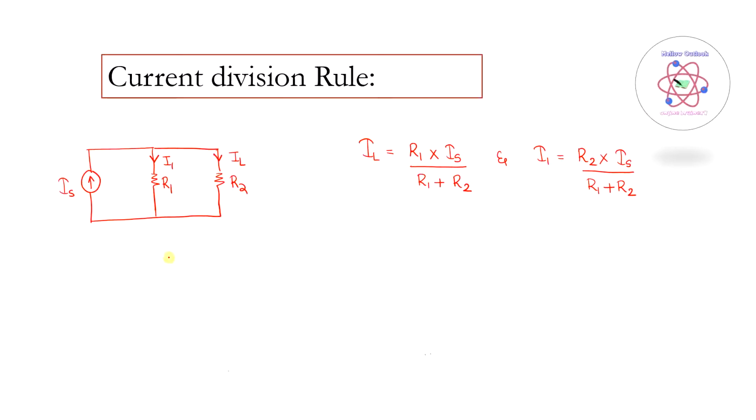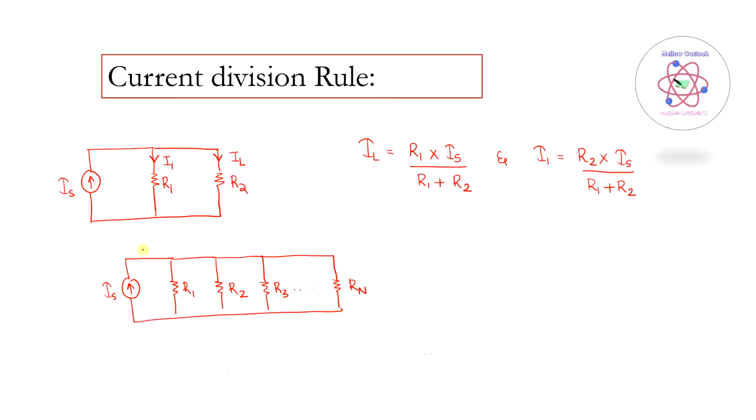Say I have a circuit wherein the source current is IS and I have multiple branches, say resistance R1, resistance R2, resistance R3, and so on up till resistance Rn. Then say I want to compute the current IK which is flowing across this resistance R2.